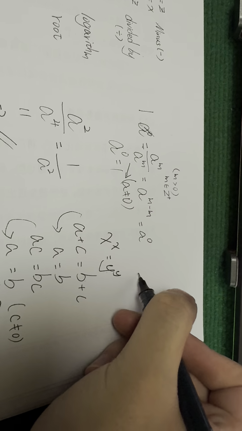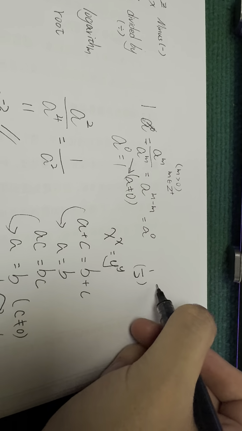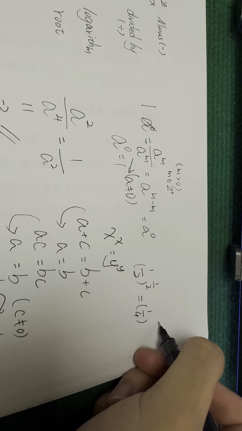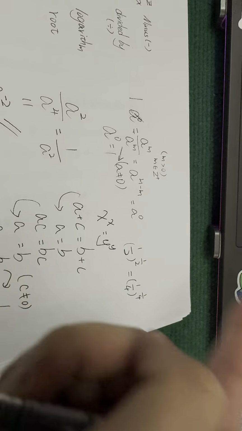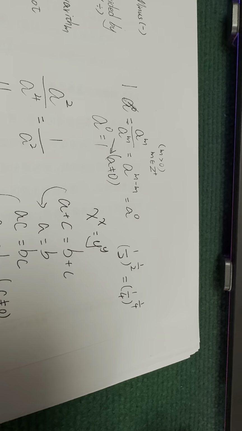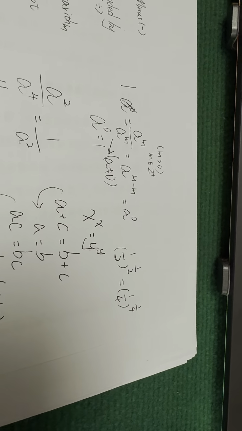For example, everyone can use a calculator to calculate this. These two are equal, but obviously half and quarter are not equal.